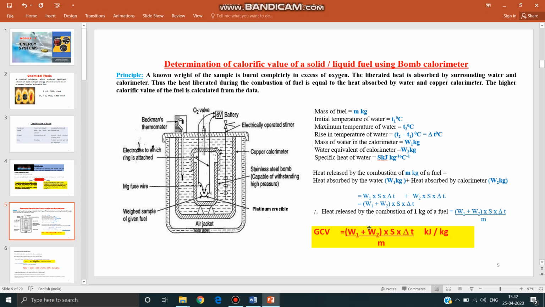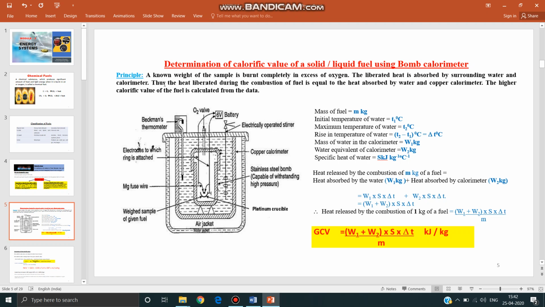The gross calorific value of a solid or liquid chemical fuel can be determined by Bomb calorimeter. The principle behind this is that a known weight of the fuel is burned completely in excess of oxygen. The heat liberated is absorbed by the surrounding water and calorimeter.